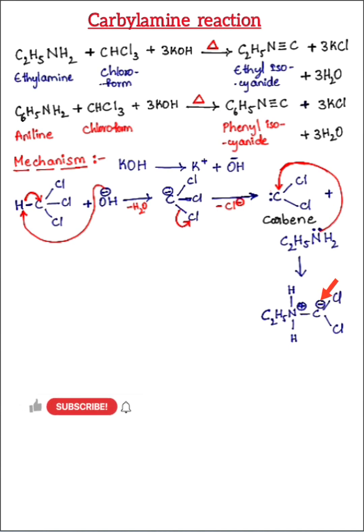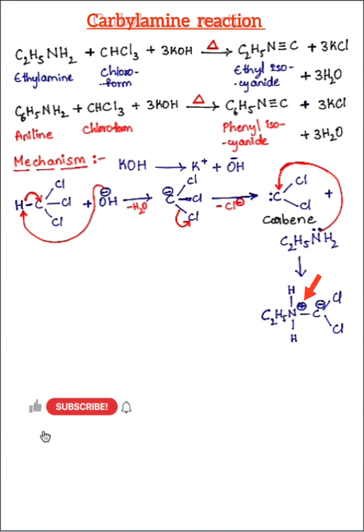That means the negative charge indicates that it can form one more extra bond, and the positive charge indicates that the extra bond is already formed by this nitrogen. Actually nitrogen can form only 3 bonds. Here it is forming one more extra bond. That means one bond with C2H5, 2 bonds with 2 hydrogen atoms, and one more bond with the carbon atom, so it is indicated with a positive charge.